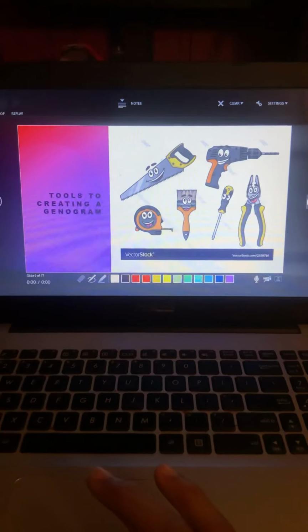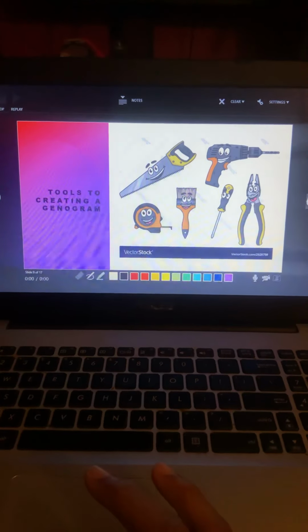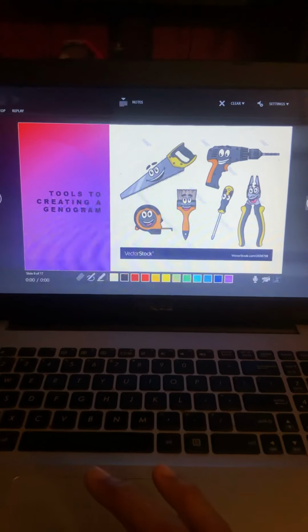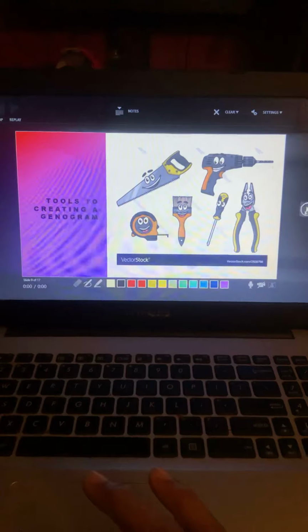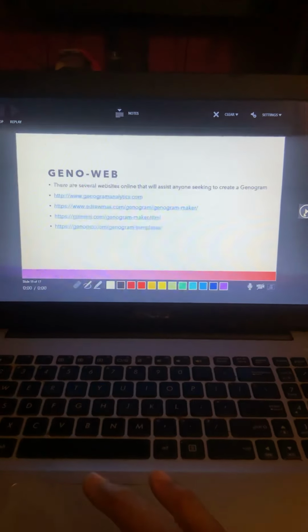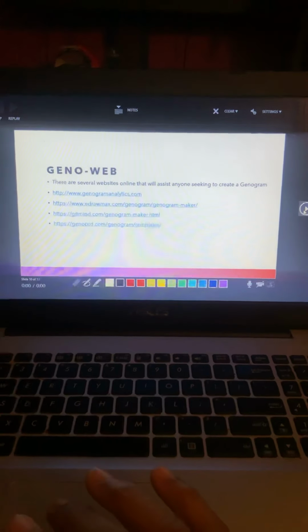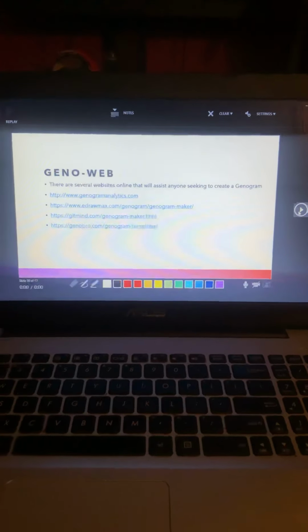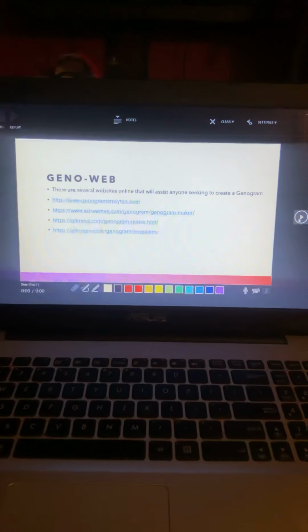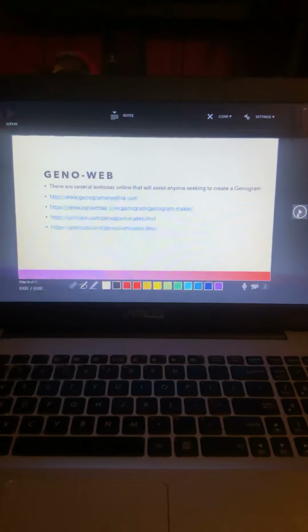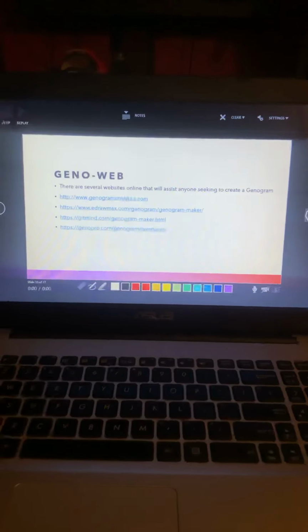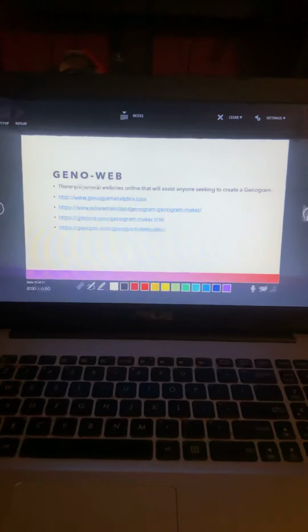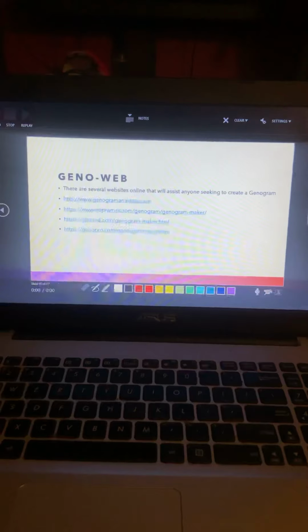I thought this was just a funny picture, but just having some tools for creating a genogram. So yeah, some tools here for creating one. GenoWeb. I found on GenoWeb that there are several websites online that will assist anyone that's seeking a genogram. So if you need help trying to make one, these are some websites that I found.